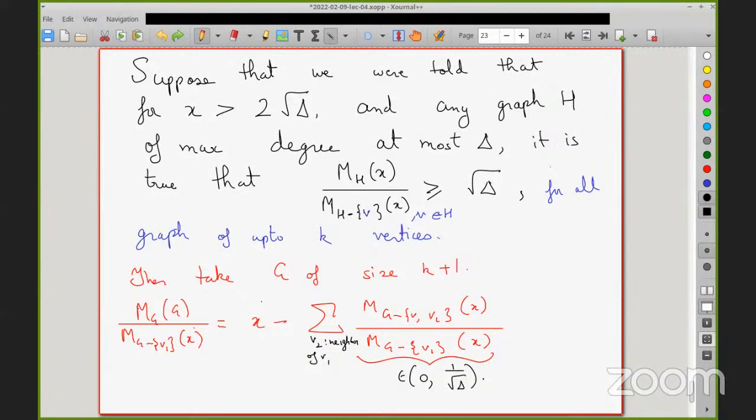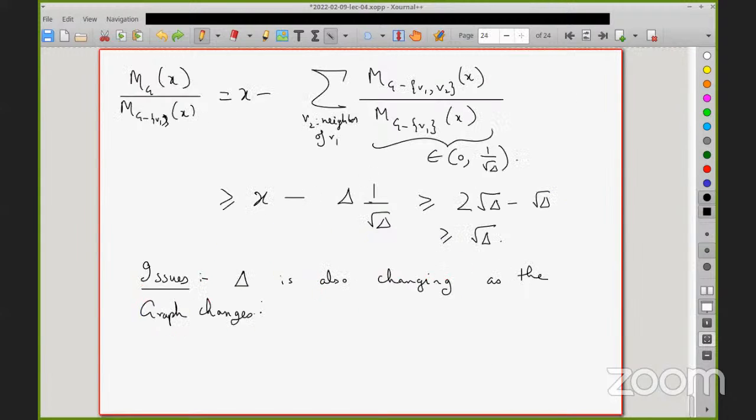Sure, it should at least go to 0. So that's the point of this argument. This argument lets us show that we also have a root bound. And actually, we will show it for 2 root delta minus 1, and that will be done by just choosing these vertices correctly. Okay, so let's do that.